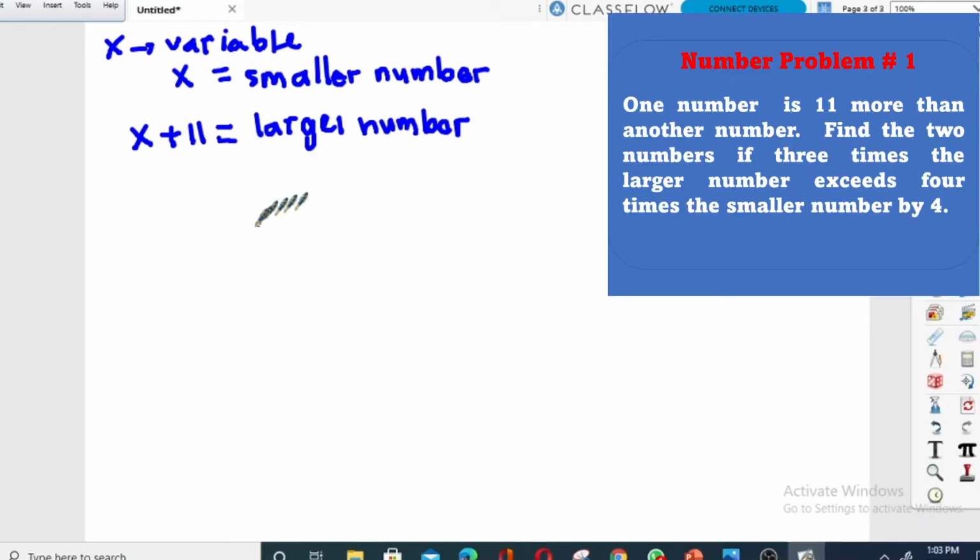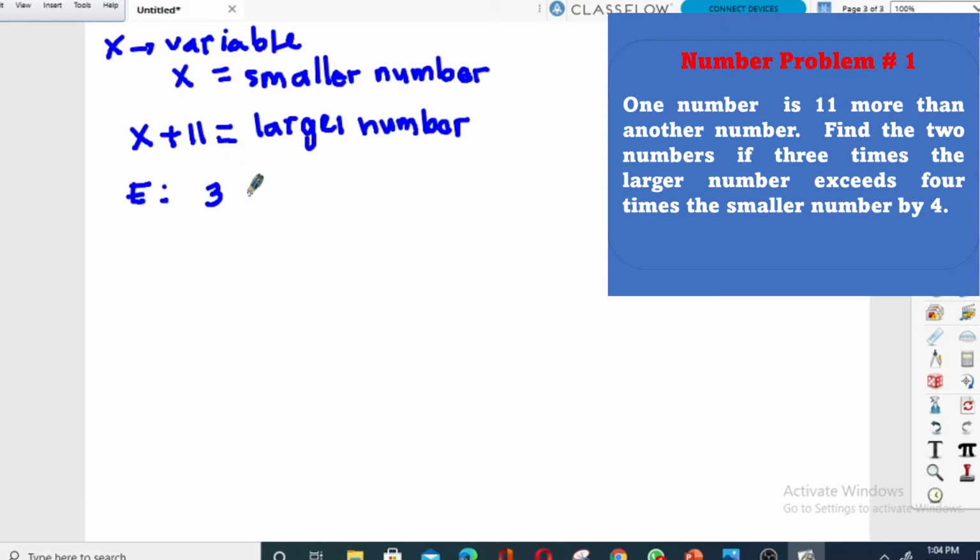Now, if that is our representation, what will be our equation? We have to formulate our equation based on the second sentence. The second sentence says, find the two numbers if three times the larger number.